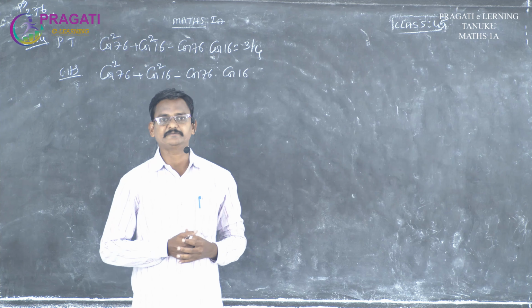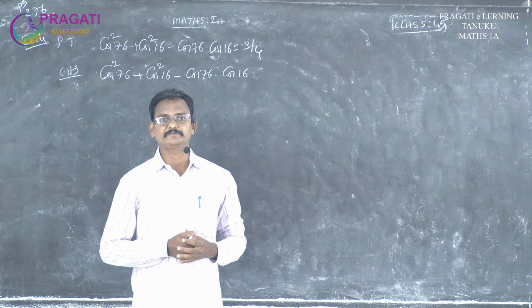So here we have to change. How to change? The first one, cos² 76, as it is. With the help of the identity, the second is 1 − sin² 16 degrees.